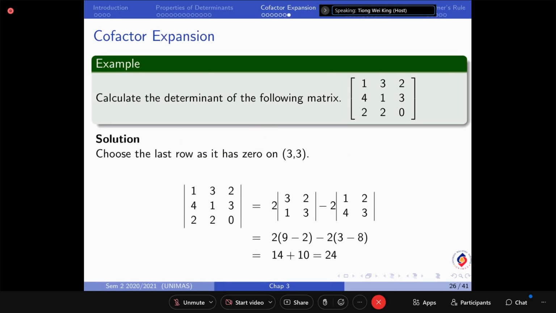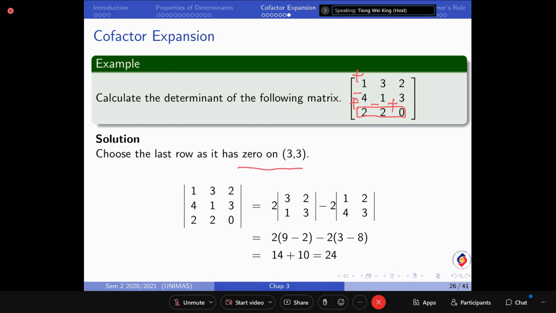Now, another example is that, okay, calculate the determinant of the following matrix. Now here again, you choose the row that has the 0. Now our answer here is we choose the last row. And then after that, do the plus, minus, plus, minus, plus.